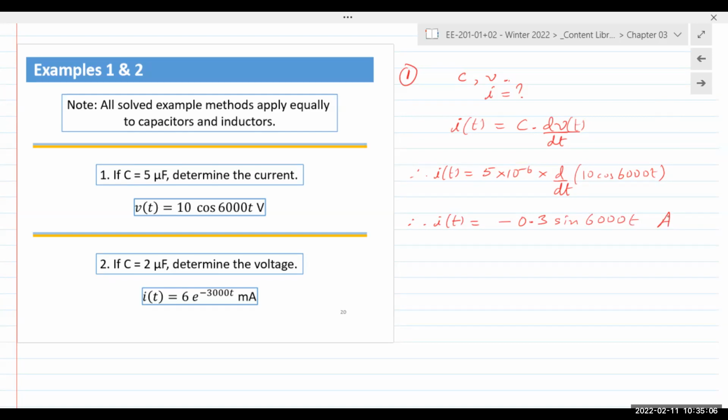Derivative of cos is minus sine, so we take the minus sign up front. Then we have 10 times 6000 multiplied with 5 into 10 raised to minus 6. Reduce the expression, and we get minus 0.3 sine of 6000 t. And that's it. That's the answer.